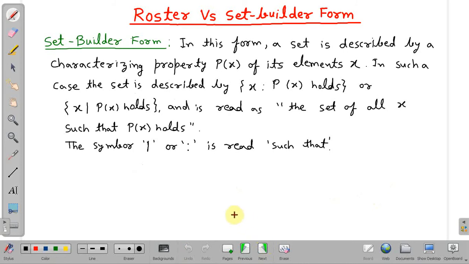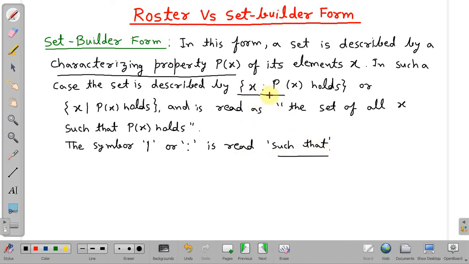Next is set builder form. What is a set builder form? In this, a set is described by a characterizing property. We describe the elements using the characterizing property of its elements, written like {x : P(x)}, where the colon is read as "such that".